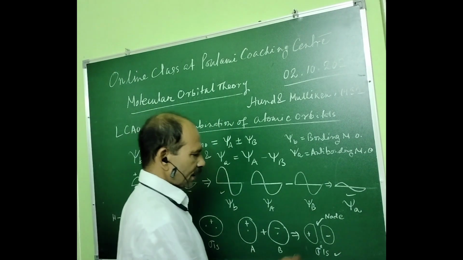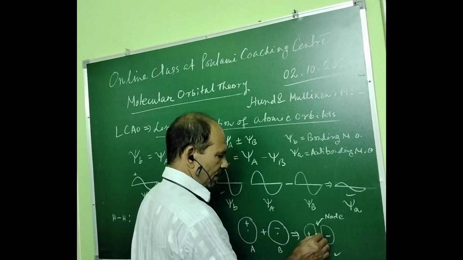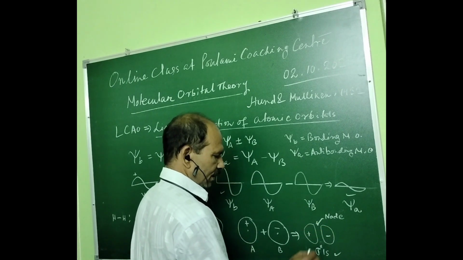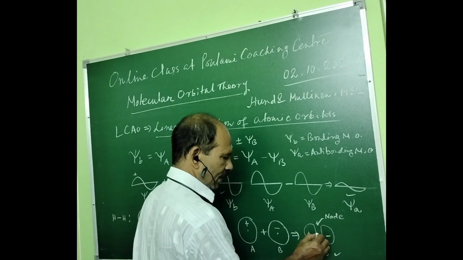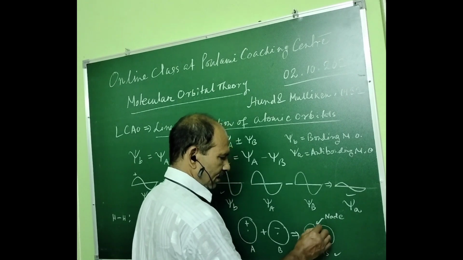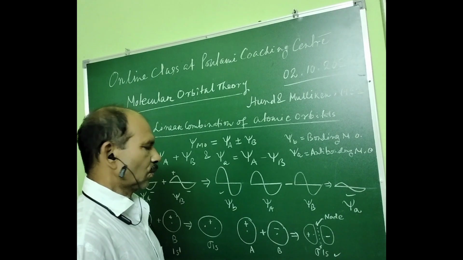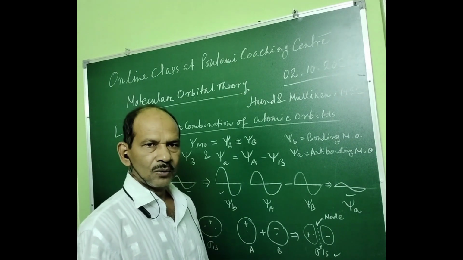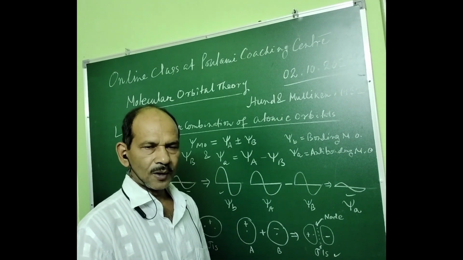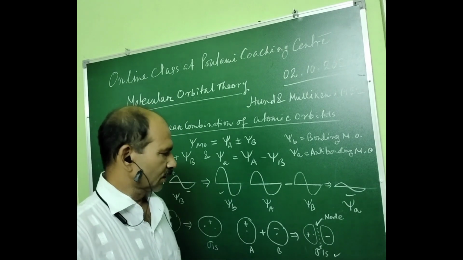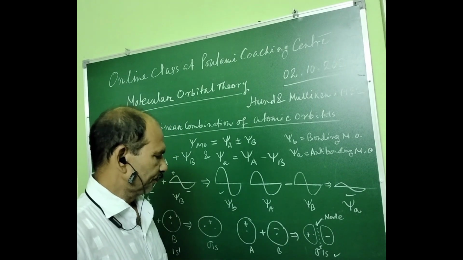You see, there is a node in between the two nuclei. The nuclei are here and here, and in between them we get a node. There is no probability of finding an electron between the two nuclei.